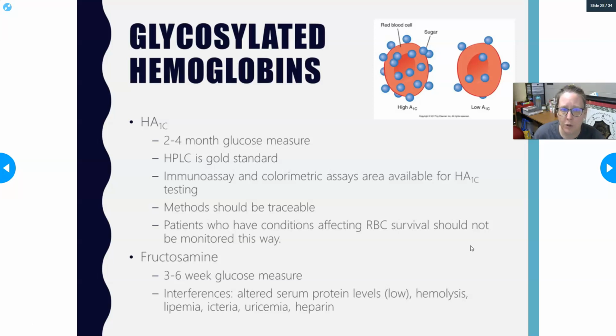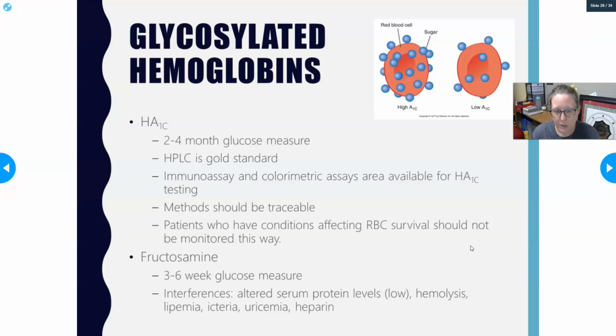It is also called hemoglobin A1C. It is reflective of an average of 2 to 4 months of average glucose. This is because that covers about the lifespan of a red cell, which is 120 days. The gold standard method for A1C measurement is going to be high-performance liquid chromatography, but there are a lot of immunoassays and colorimetric assays that are available on the large analyzers.